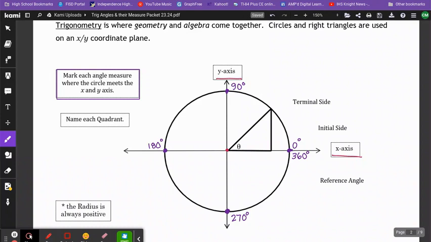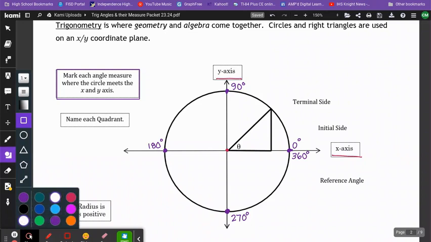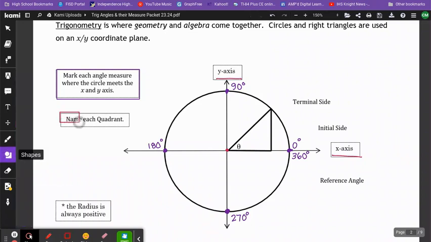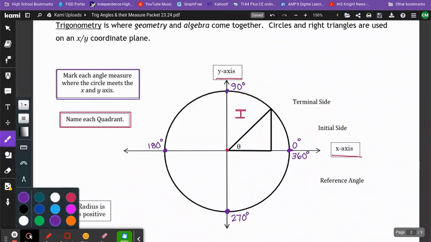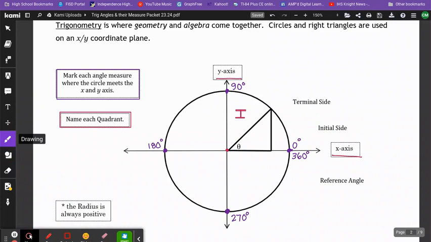The way that we name each of the quadrants is using Roman numerals and in a counterclockwise direction. This here is quadrant 1. And then to the left, going counterclockwise, this is quadrant 2, quadrant 3, and quadrant 4.